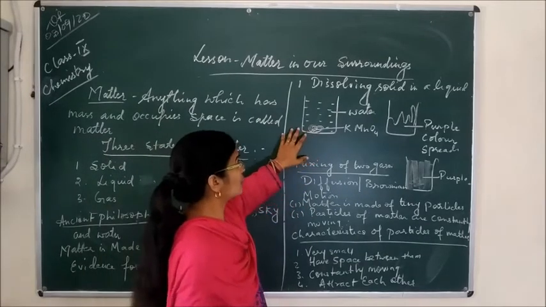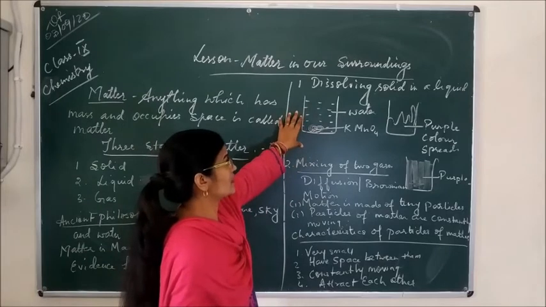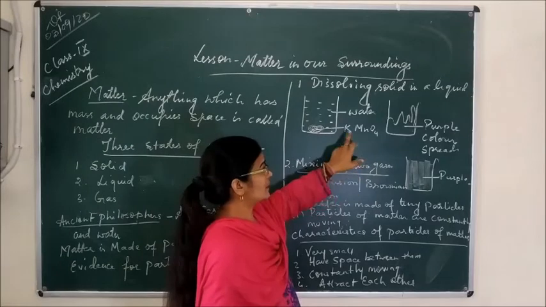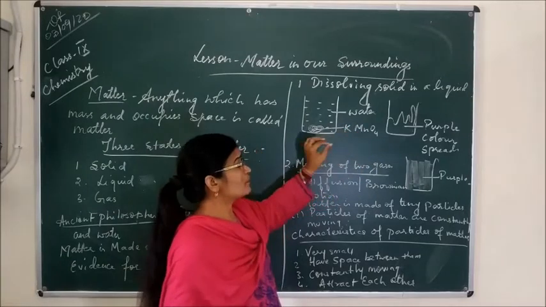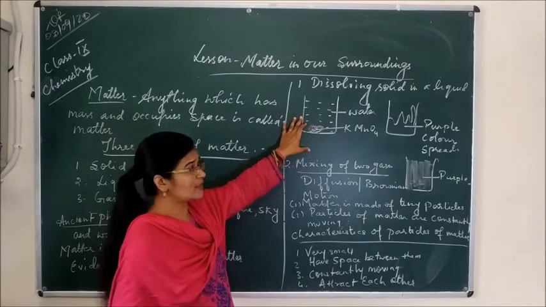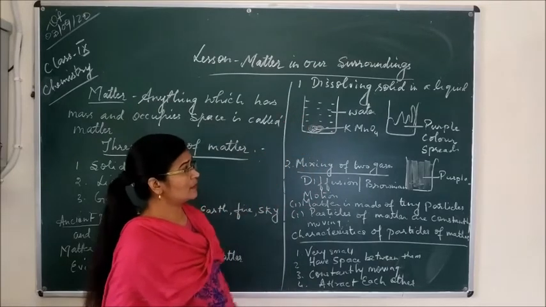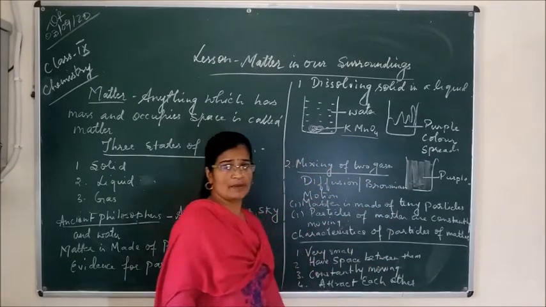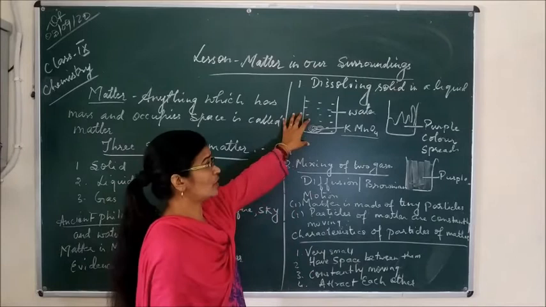substance or the other liquid, like if we take the example of water and potassium permanganate, KMnO4. If we take a piece of KMnO4 in a glass of water and try to mix it, what will happen? The particles of this KMnO4, that is potassium permanganate, will mix with the water.